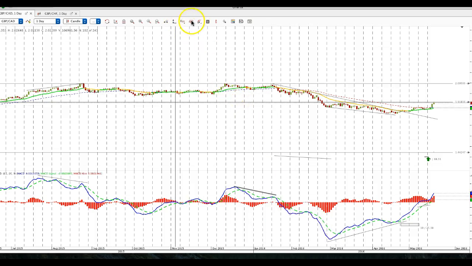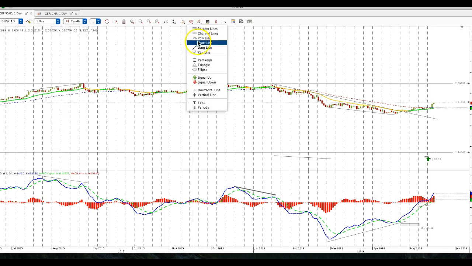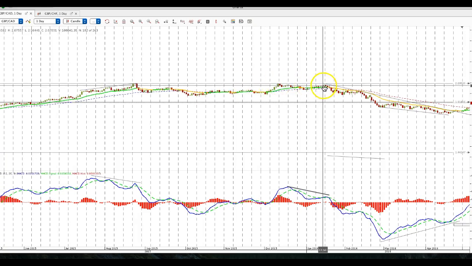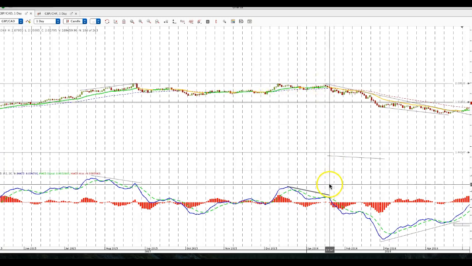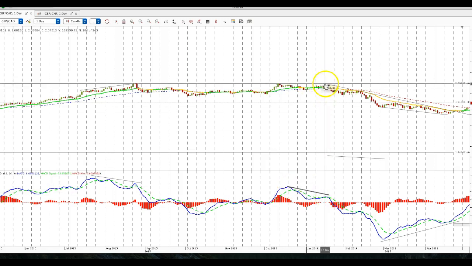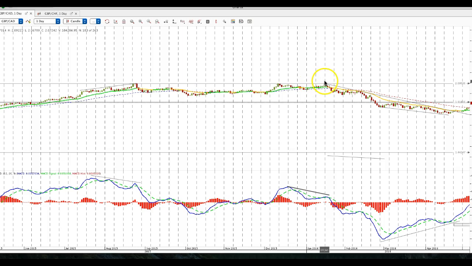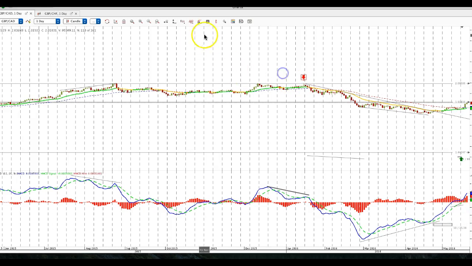Here we have a double top right here, price is going up, and wave patterns are going the opposite direction of price. So we have divergence, and all we need to do is draw our trend line.